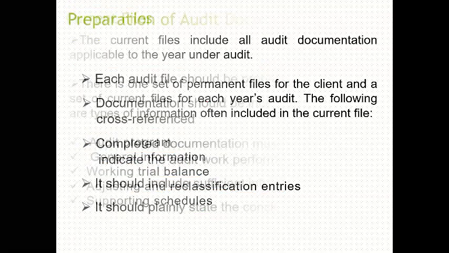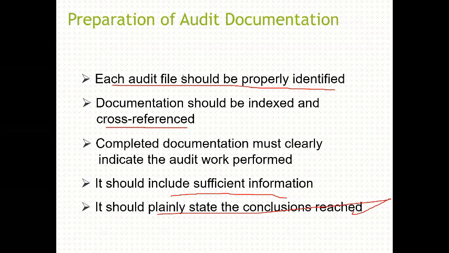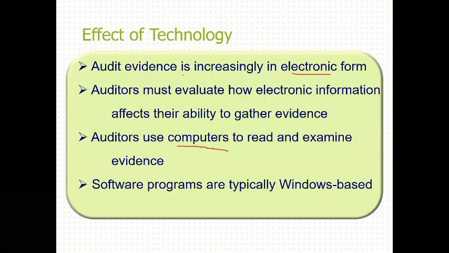It must be sufficient, well organized, archived and indexed, including sufficient information. It will also include the conclusion reached by the audit team. It can be done through technology. Yes, technology can do everything now.